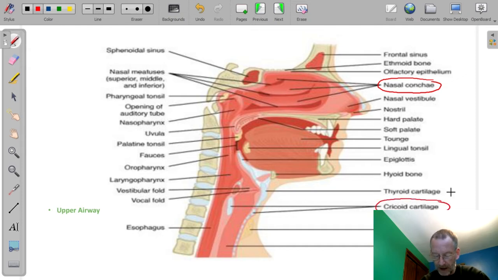We'll take a look at that a little bit later. And note that the trachea is anterior to the esophagus, which is posterior.